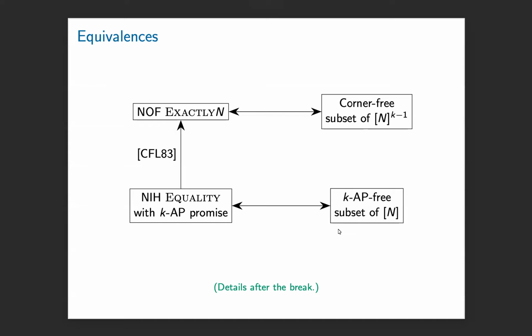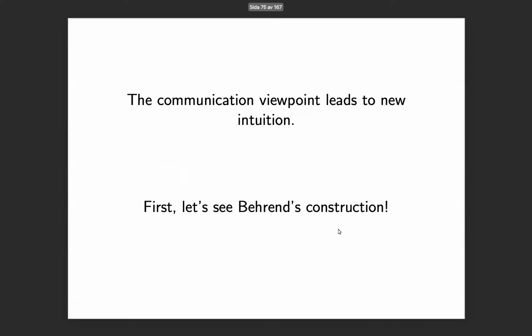Now that seems pretty good, except for the fact that almost a decade earlier, Ajtai and Szemerédi showed how to do it directly. So what are we really gaining here? And the answer is that the communication viewpoint leads us to new intuition. All of these improvements, the Linial and Shraibman, the Green, and ours, could have been done without going through the communication perspective, but framing it in terms of communication really helps reveal where the optimizations lie.